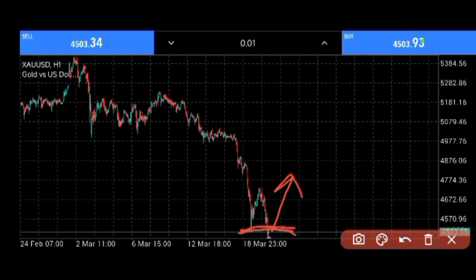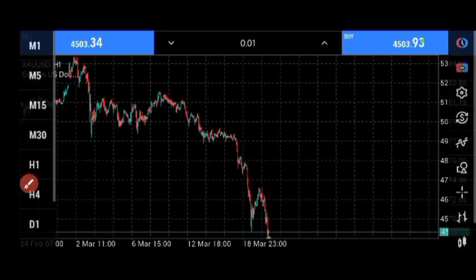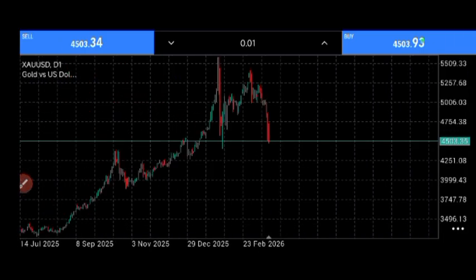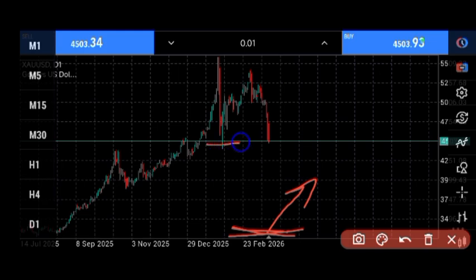The next thing we can use here is banking on our support line. Meaning that it has reached here and the market can actually go up. Also on the daily time frame, you see that it's telling us that the support line is reaching here, meaning that this market will go up.